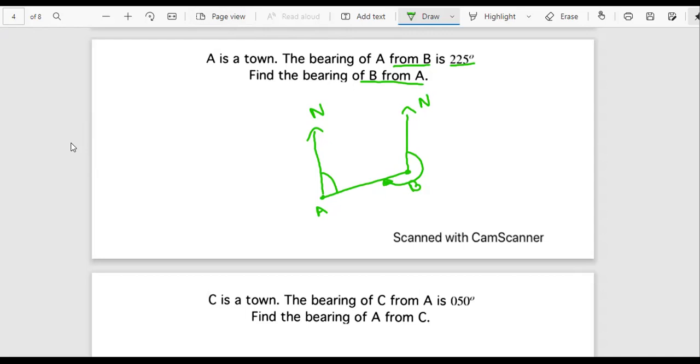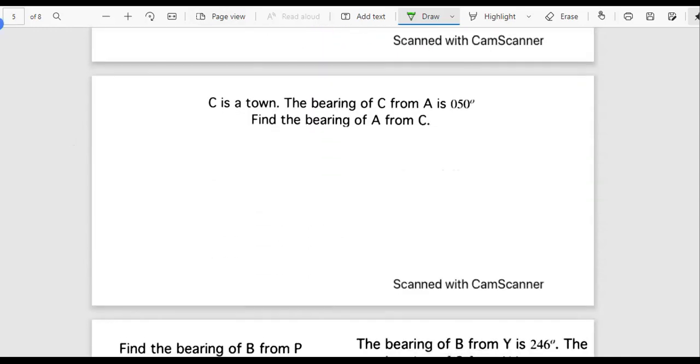Okay, very, very good. Excellent. So the answer is going to be 045. That is good. Okay.